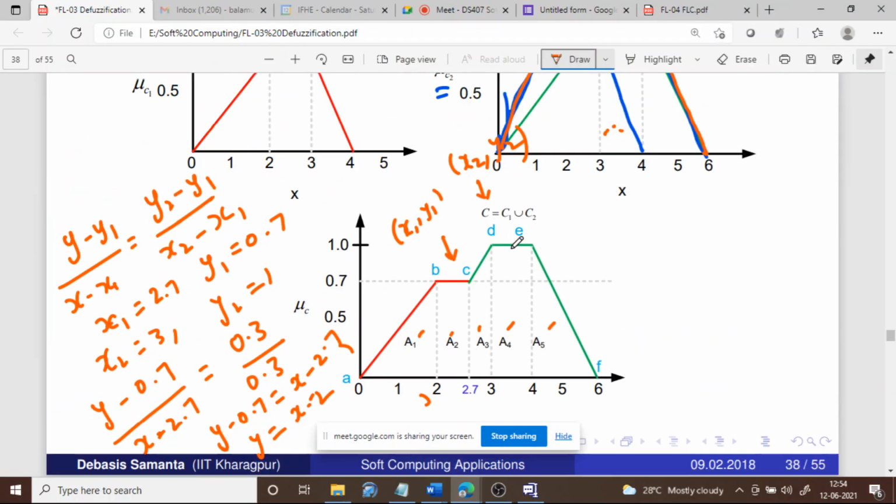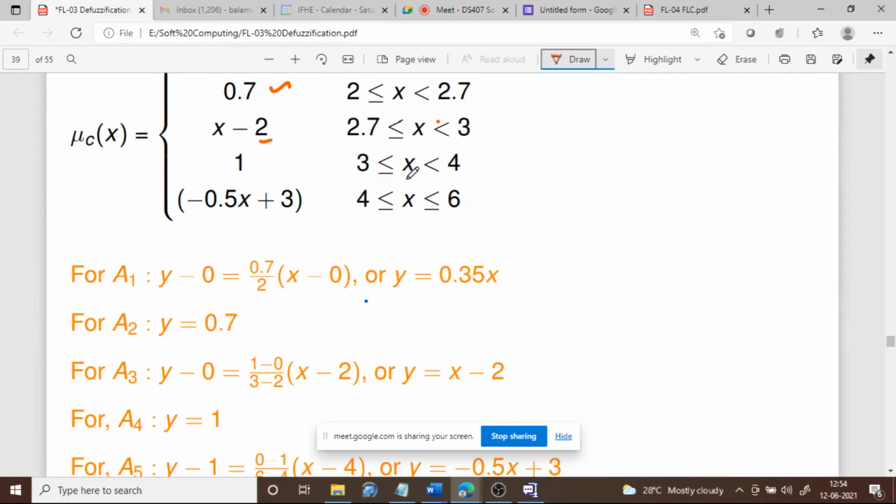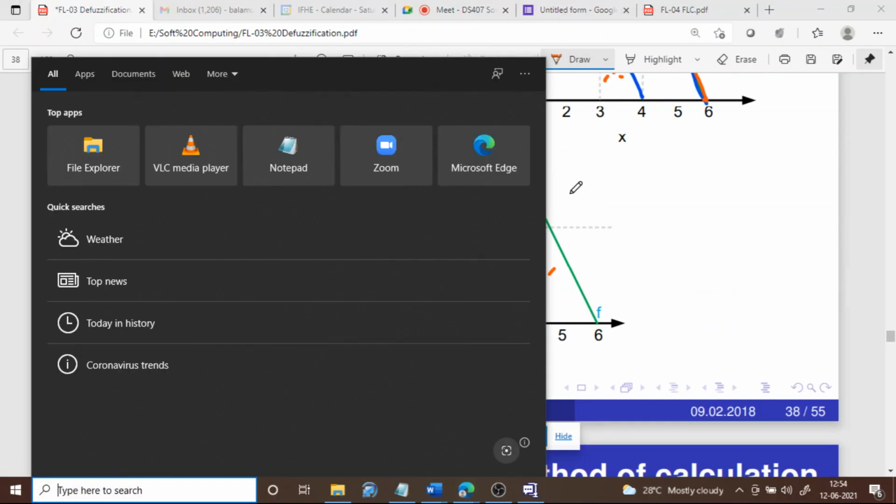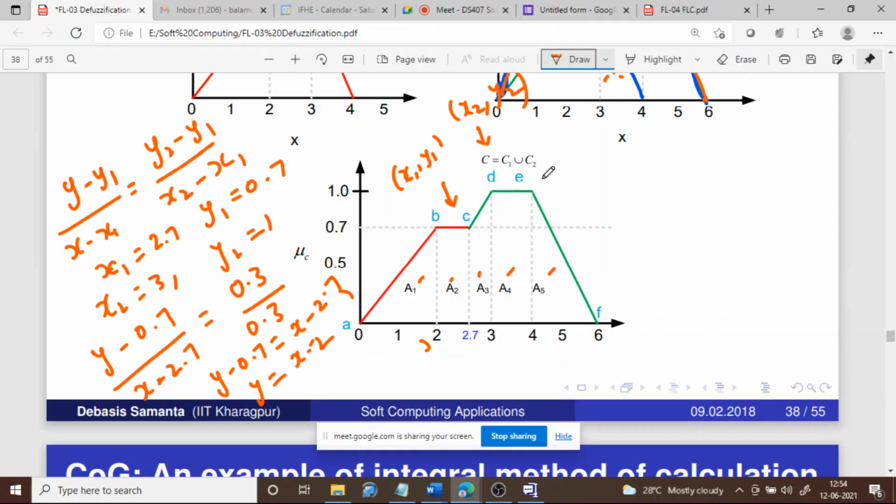Next, for the range between 3 to 4, the y value is 1, which is directly visible. So for x between 3 to 4, y is 1. For this line again you can calculate. This is x1 y1, and this is x2 y2. What's the value of x1?